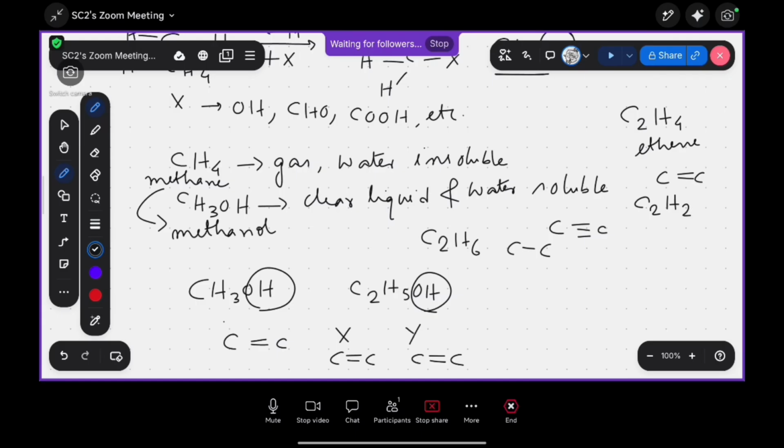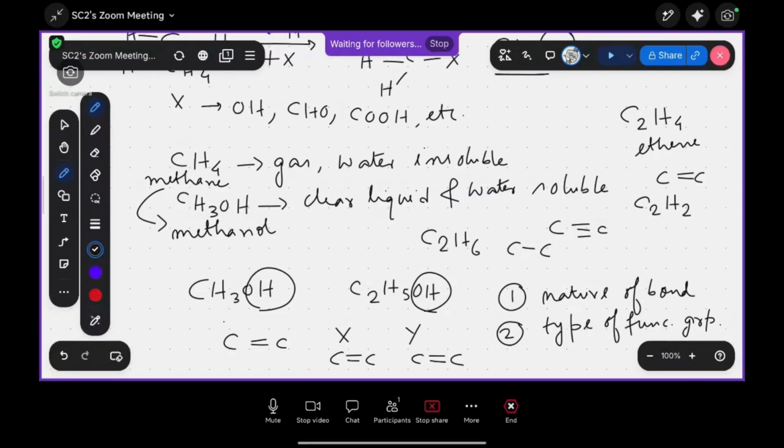Chemical properties are judged by two conditions. One is the nature of bond, and the second factor is the type of functional group present.